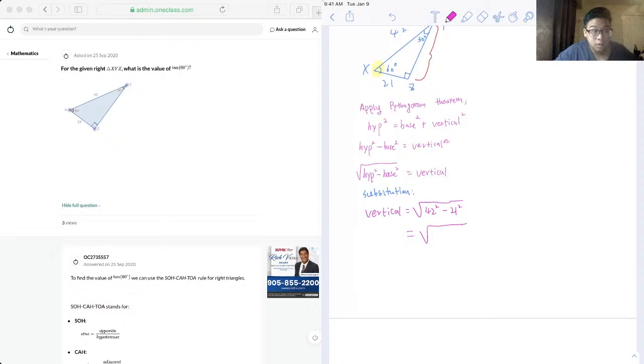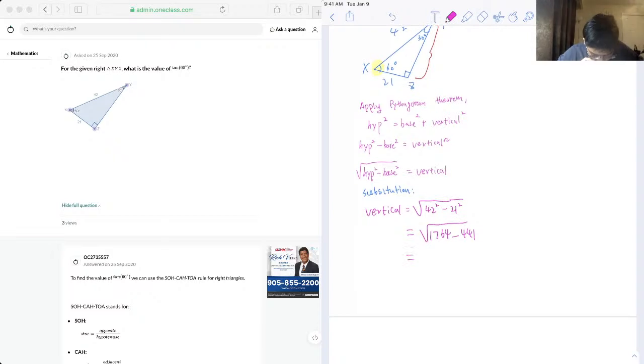And 42 square will be 1764, and 21 square will be 441, which is root 1323, which we can rewrite as 21 root 3.